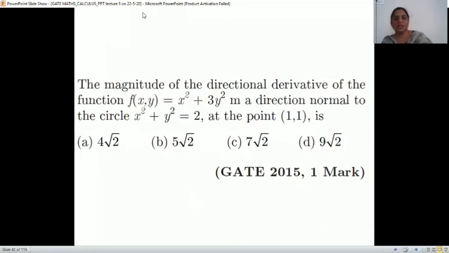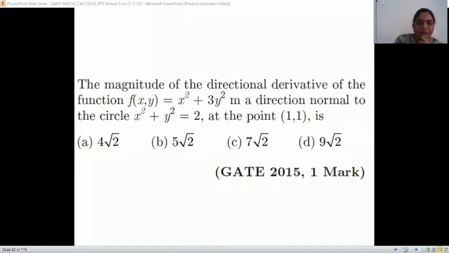Okay, next: the magnitude of the directional derivative of the function f of xy is x square plus 3y square, in a direction normal to the circle x square plus y square equal to 2 at the point (1, 1), is what? One function is given to you and the normal to the circle at point (1, 1).